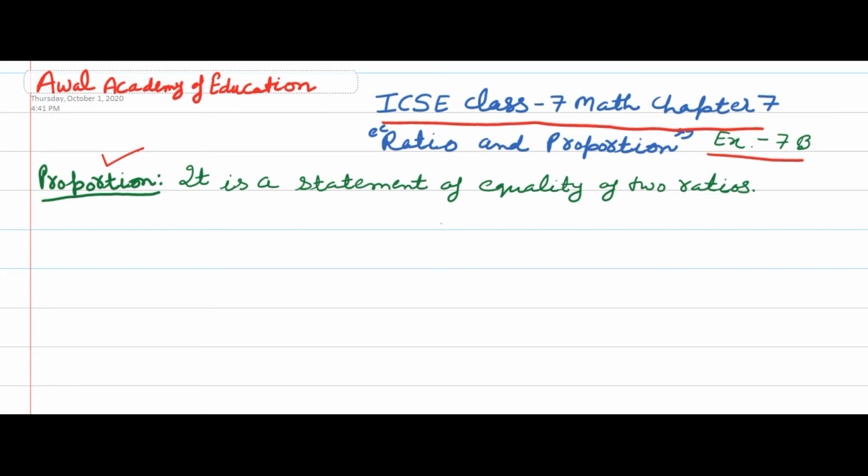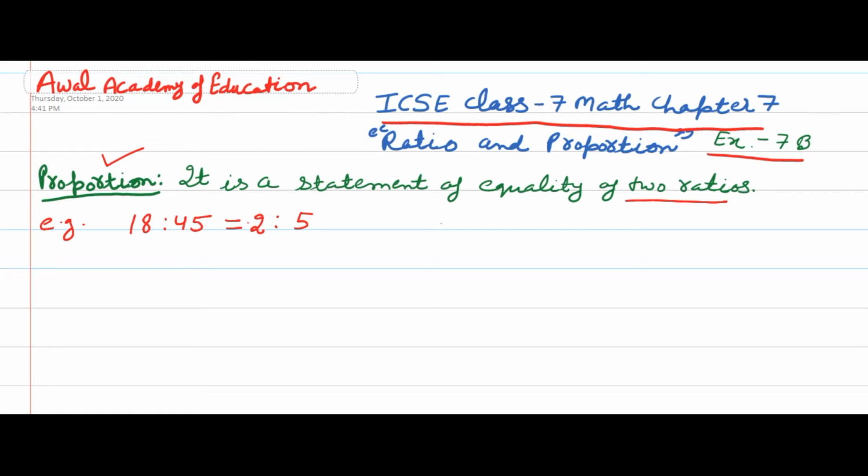Now, what is proportion? It is a statement of equality of two ratios. For example, if we take two ratios like 18:45, if we calculate it, we will get 9 twos are 18 and 9 fives are 45.